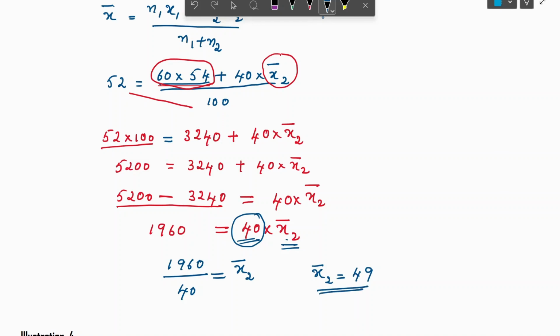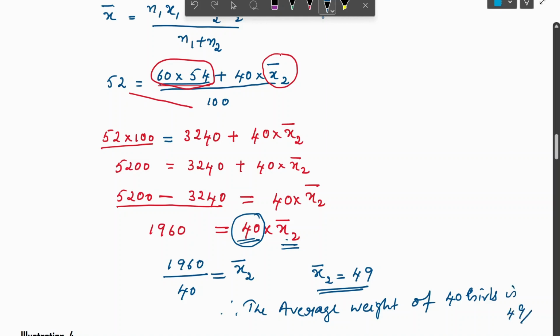What is x2 bar? That is the average weight of how many students? 40 students. Therefore, the average weight of 40 girls is 49. Therefore, it is completing this question.